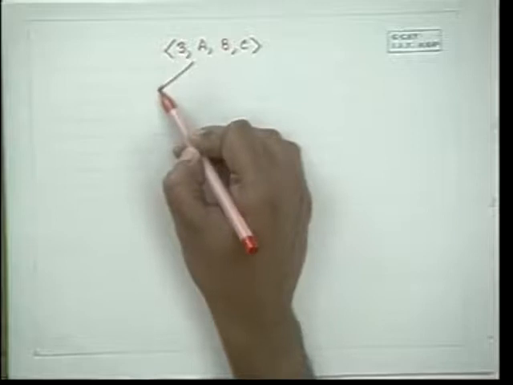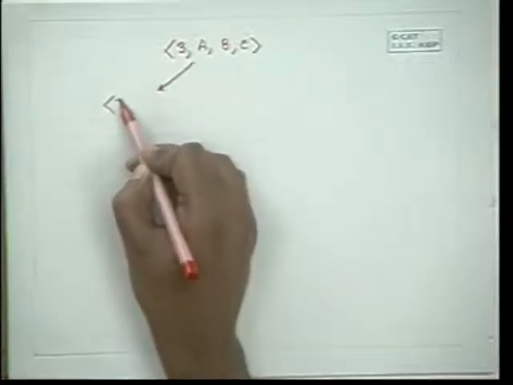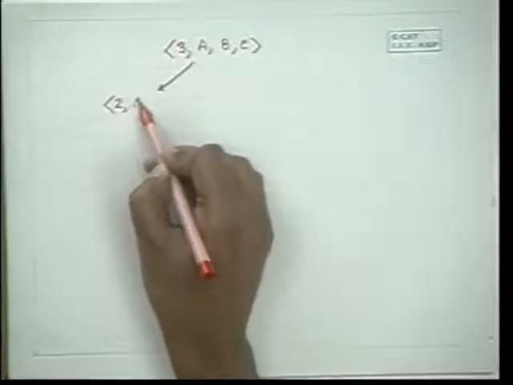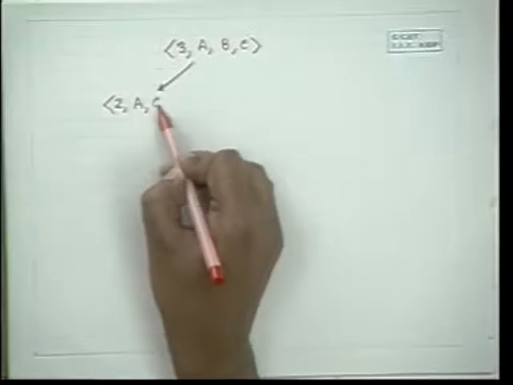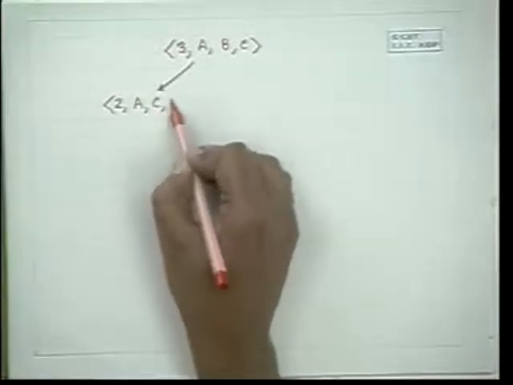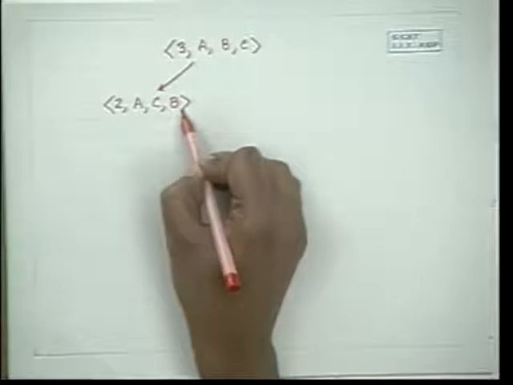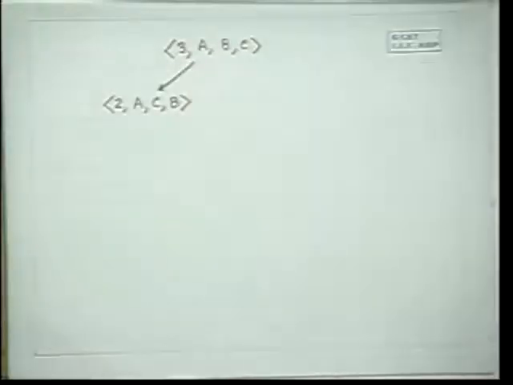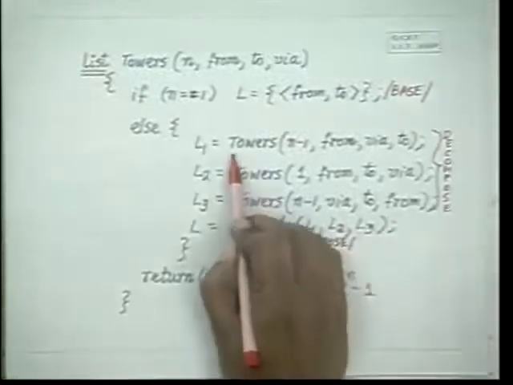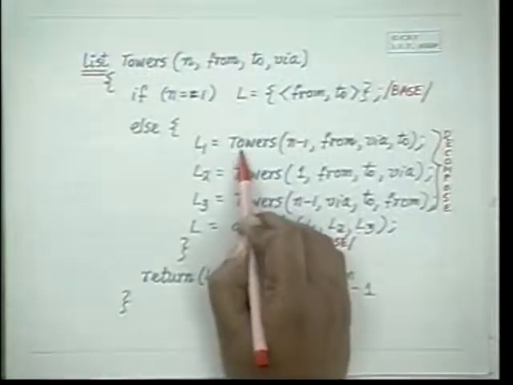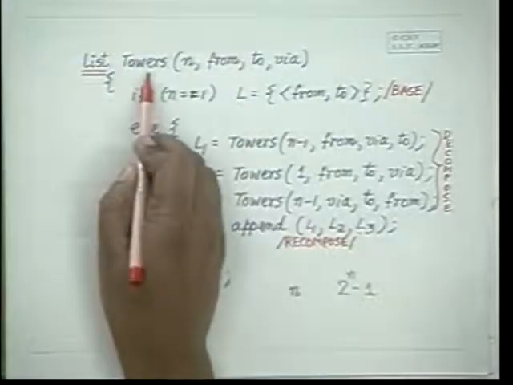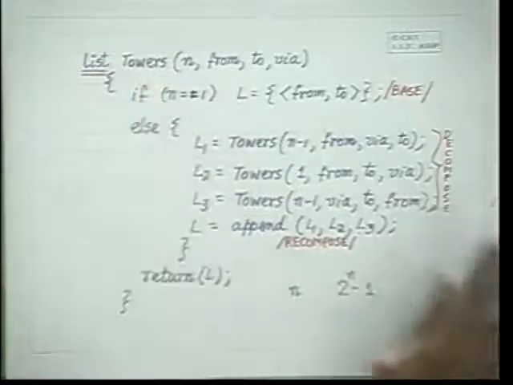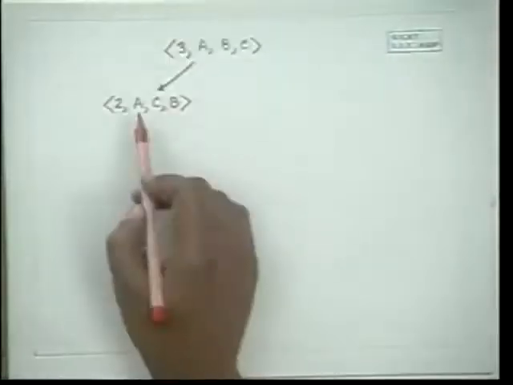So first this part will get called to A, to C, to using B. So the call will get transferred here. So this will again start executing.